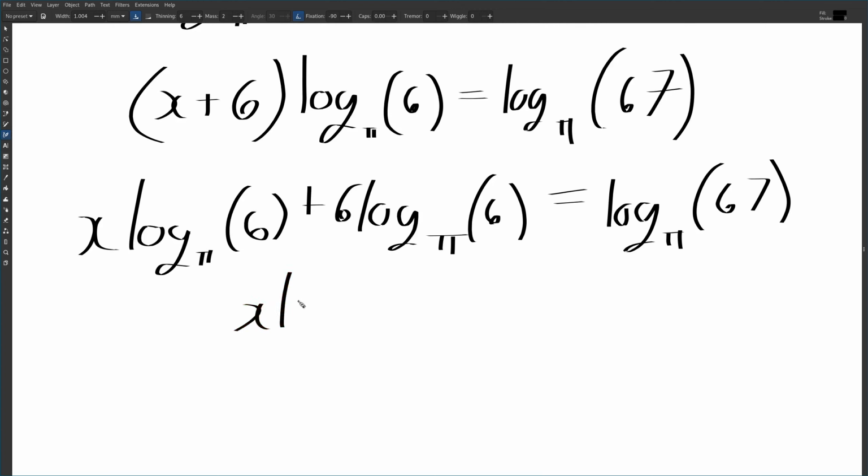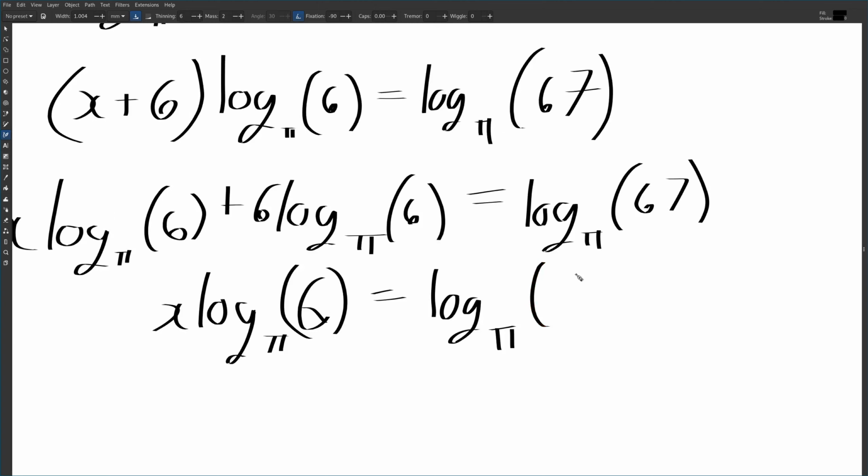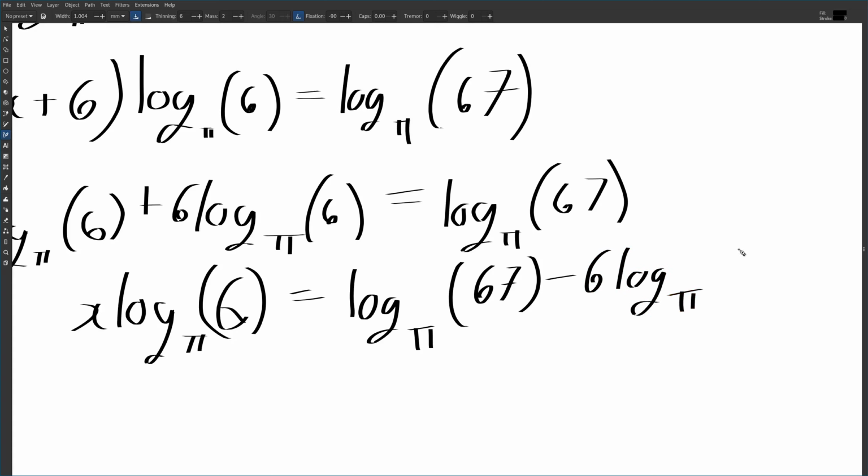So we're going to have x log base pi of 6 is equal to log base pi of 67 minus 6 log base pi of 6. We just move this to the other side.